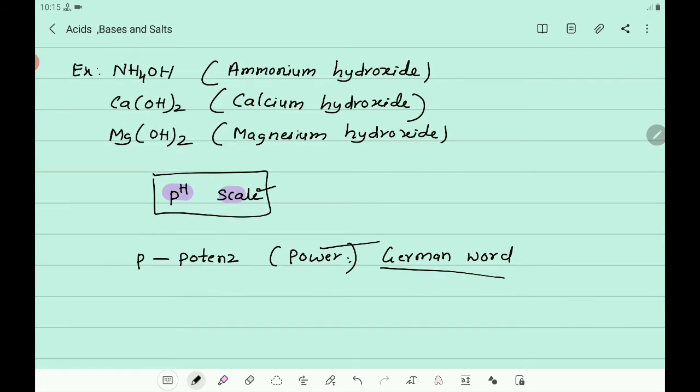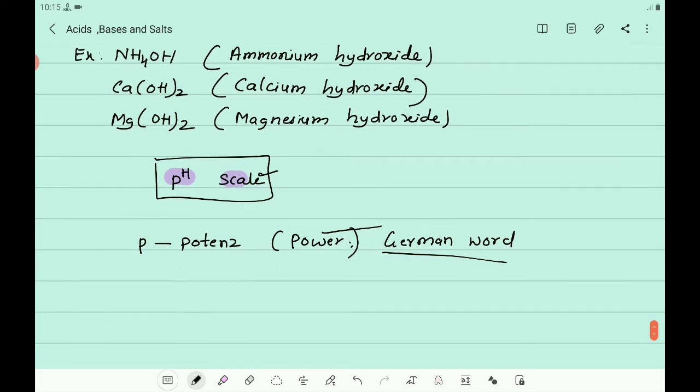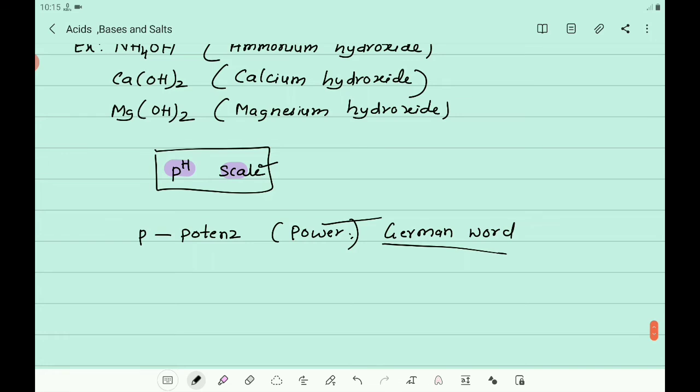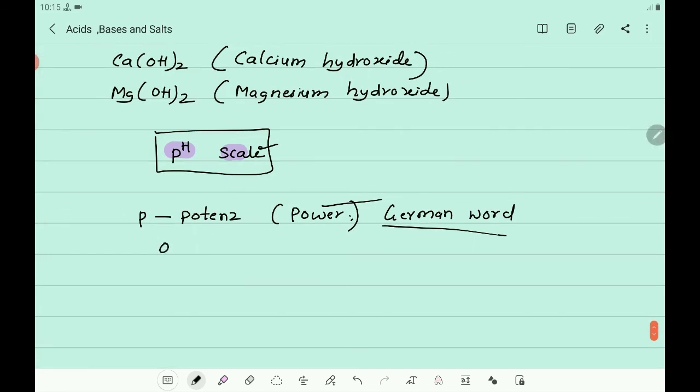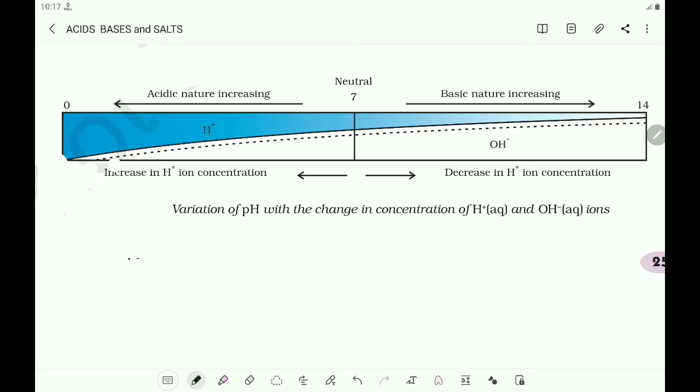Then on the pH scale we can measure pH generally from 0 to 14. Observe the scale here.